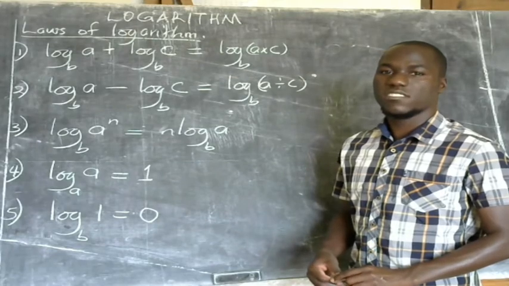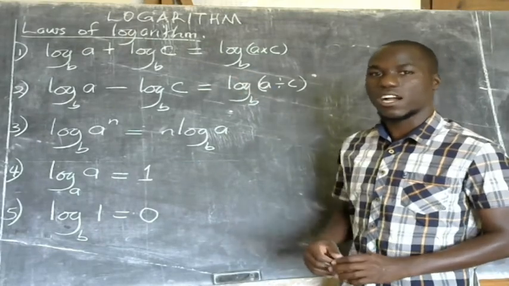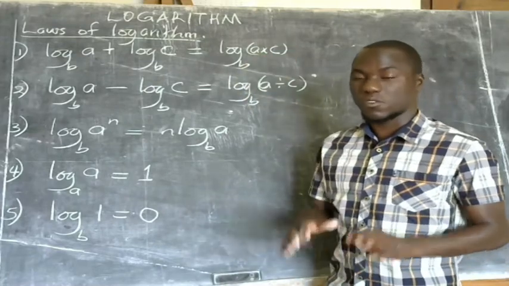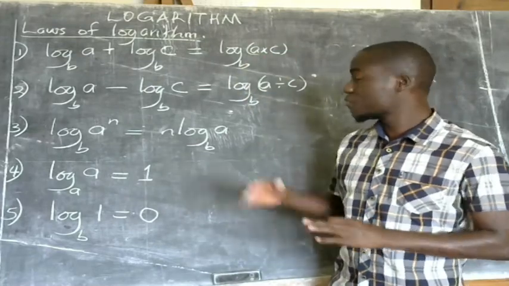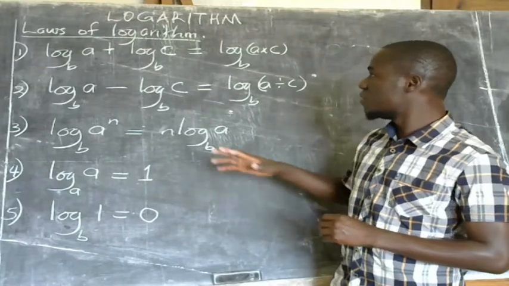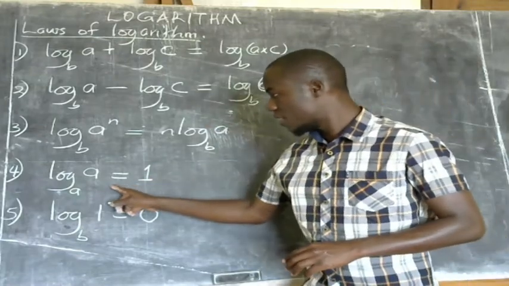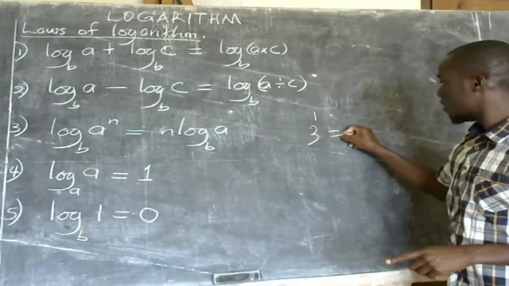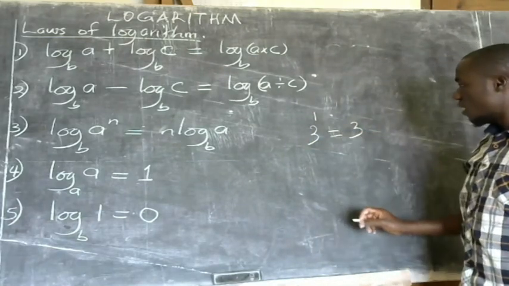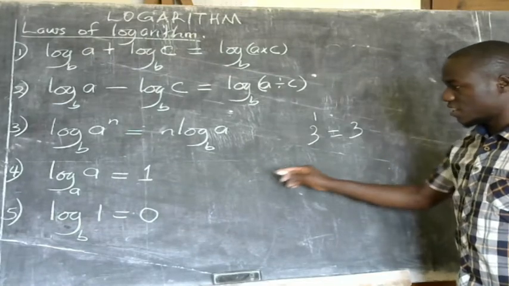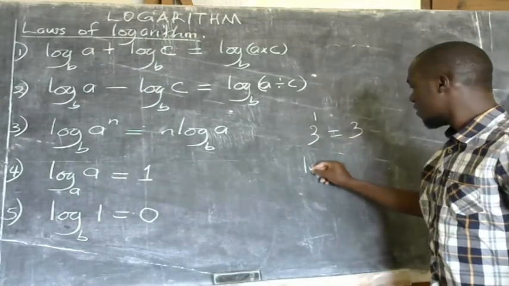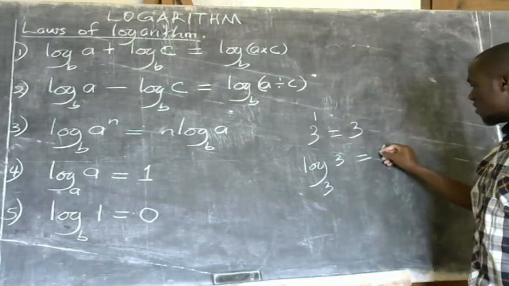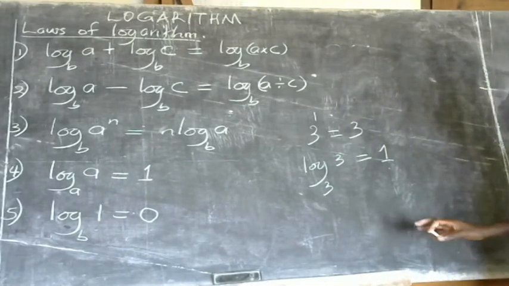Now, these laws have some proofs, but we shall not go into that proof because this is O level. But I'm going to just talk about some of them. When you go to the fourth one here, remember when we had 3 power 1 is equal to 3. So writing it in the logarithmic form, log of 3 base 3 is going to be a 1, just like that.